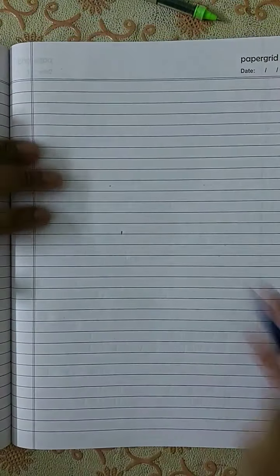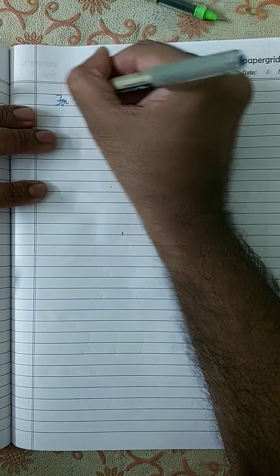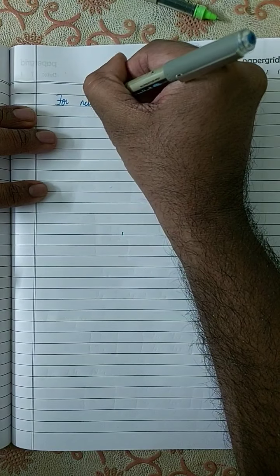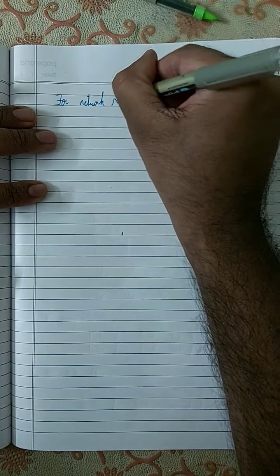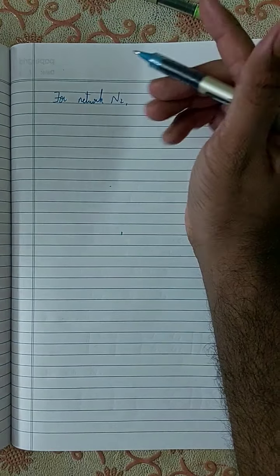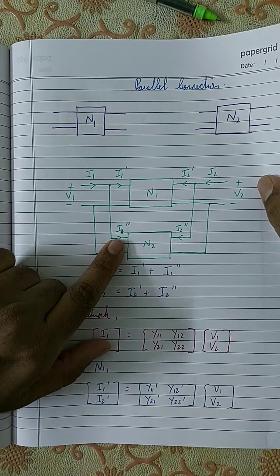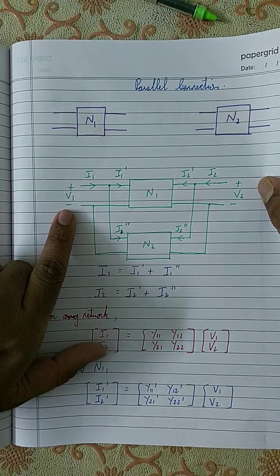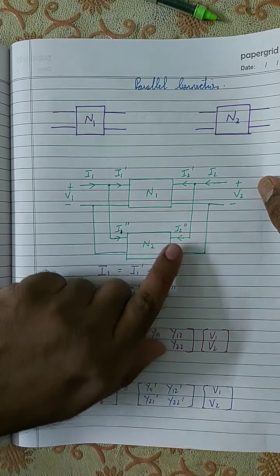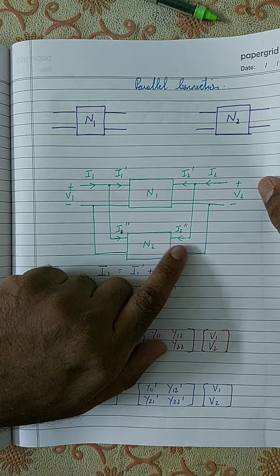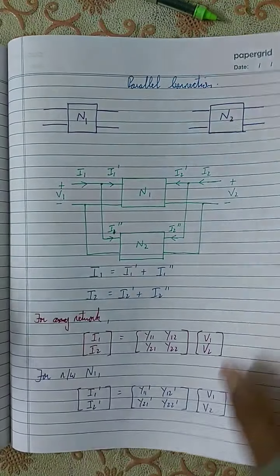For network N2, the input current is I1 double dash, the input voltage is V1, the output current is I2 double dash, and the output voltage is V2.